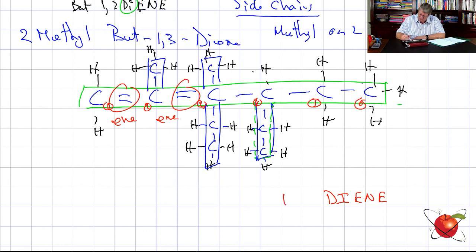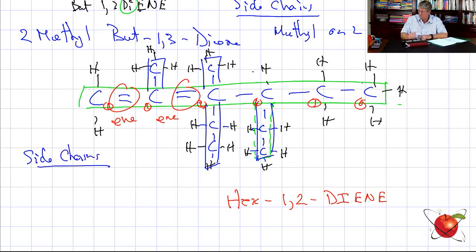So it's a diene. I have to say where they are. They're on 1 and 2. Then I say it's 6, so it's a hex. Hex 1,2-diene. Now I make up my list of side chains. Okay? Side chains. All right? And on the side chains, on 2, I have got a methyl.